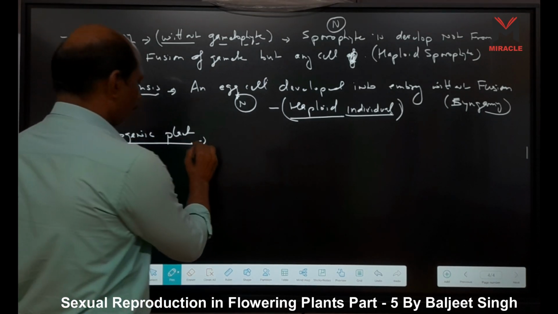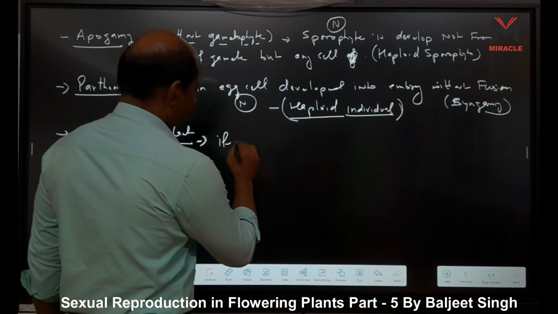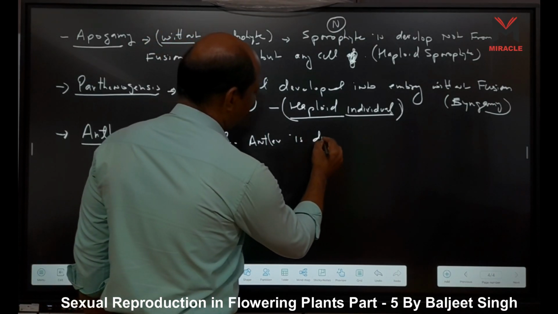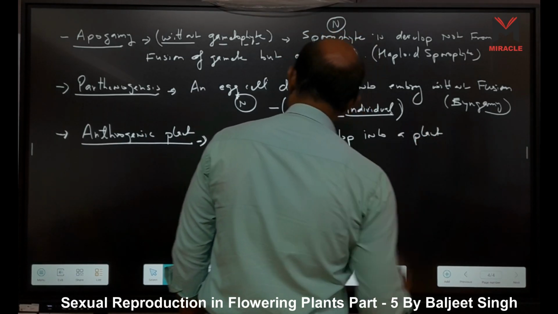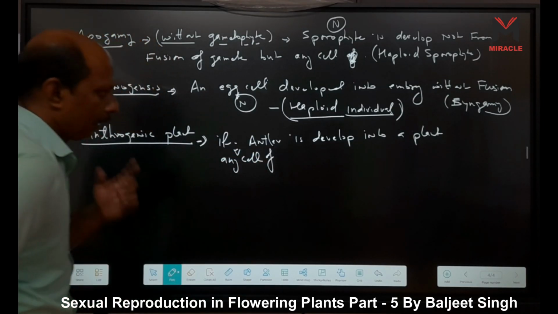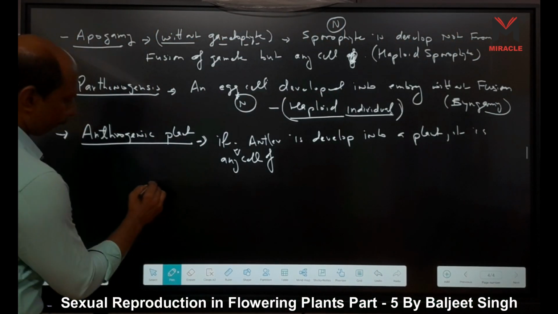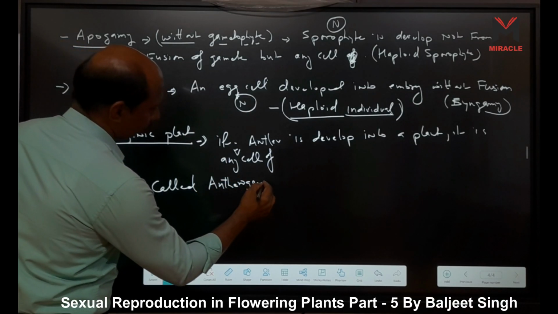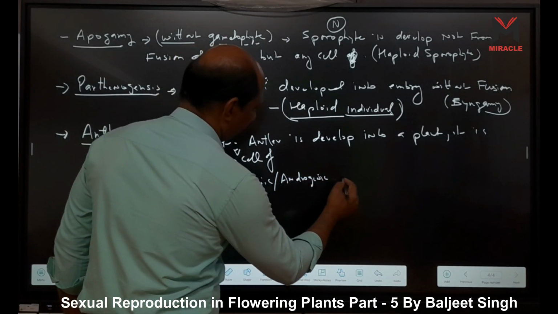Anther means male. If it is produced in the lab, and any cell of the anther or stamen is developed into a plant, then it is called an anther-derived or androgenic plant.